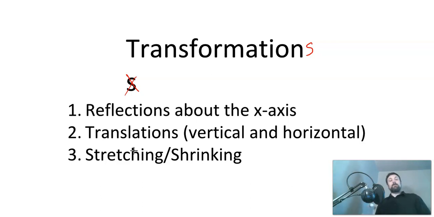The last type of transformation that you'll need to know is stretching or shrinking. And this is, on a computer, resizing the image, right? So imagine again, you're on Microsoft Word and the image is too big, you want to shrink it down, or maybe it's too small and you want to expand it, right? That's what we're going to call stretching or shrinking.